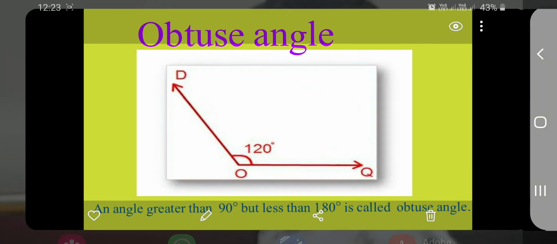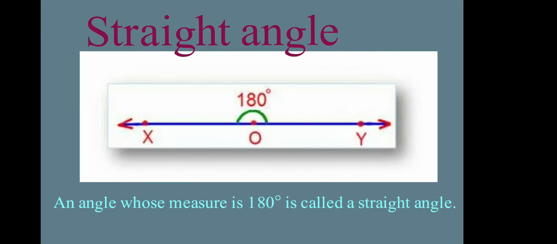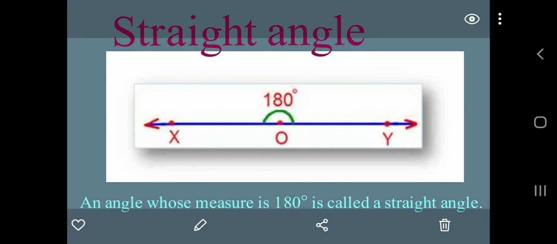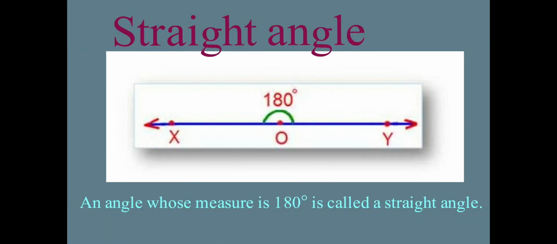After that, next is straight angle. If the ray is turned further in the direction shown in the figure, we get a position as in the figure.